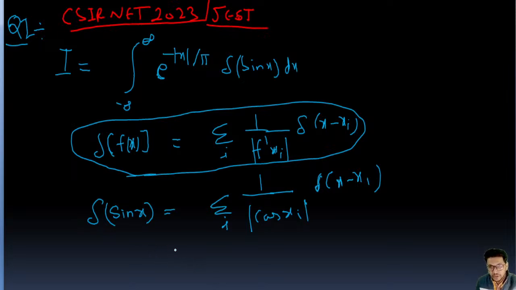For finding this, we put the function equal to 0 and replace x by xi. So sin xi is going to be 0, which means sin xi is equal to sin of n pi, where n is an integer.